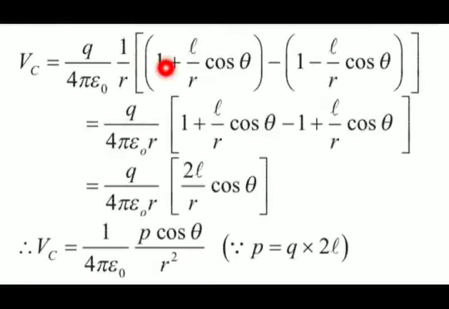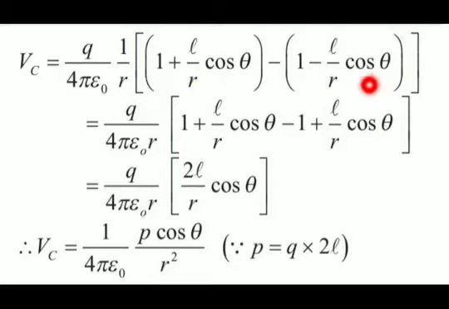So we will get q upon 4 pi epsilon naught, 1 upon r, take it out from the bracket, we will have 1 plus nx. N itself is half, so nx will be L upon r cos theta minus 1 minus L upon r cos theta.